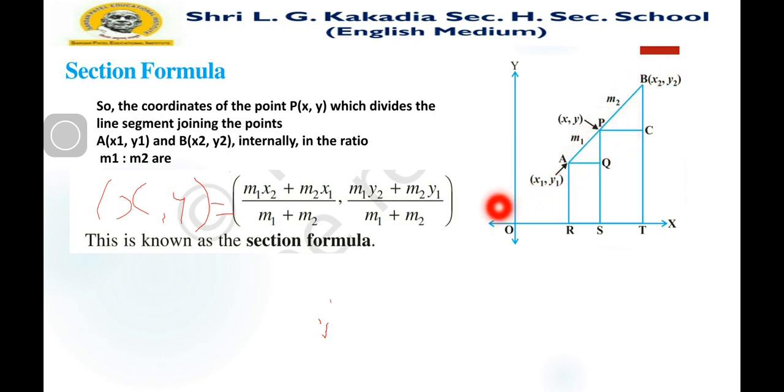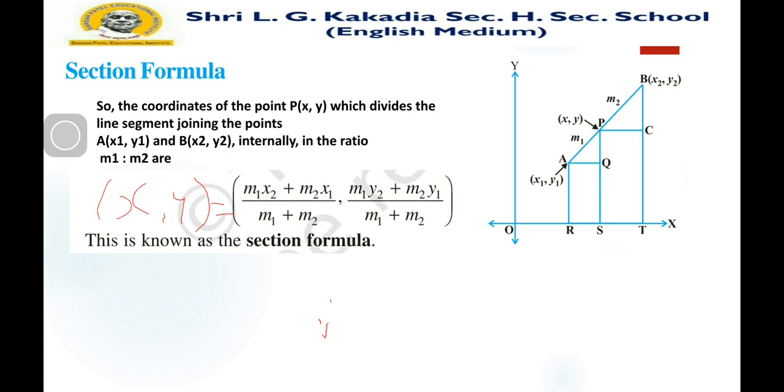So the coordinates of the point P, that is x comma y, are given by (m1 x2 plus m2 x1) upon (m1 plus m2), comma (m1 y2 plus m2 y1) upon (m1 plus m2).